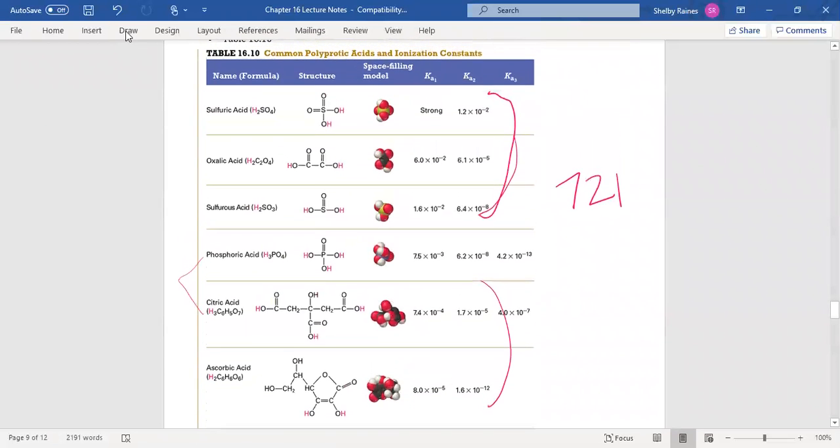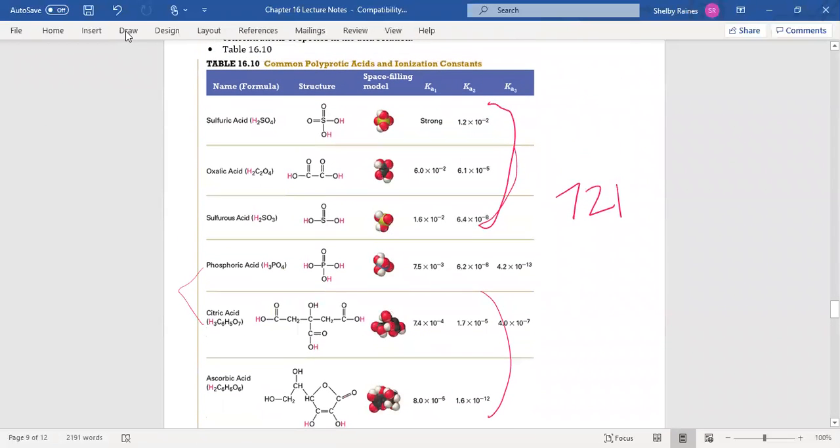The only thing I'll mention is you see for sulfuric acid, and we're going to work one with sulfuric acid, the first ionization is strong, so there is no Ka value because it goes to 100% complete, dissociates 100%. So we use just the single arrow. The second step, it becomes a weak acid.